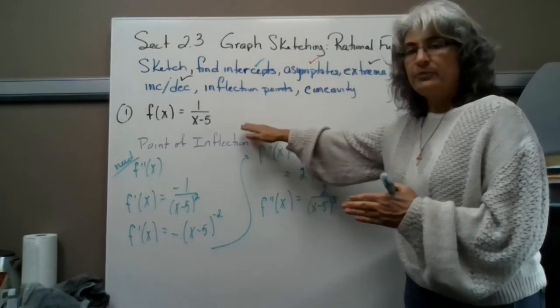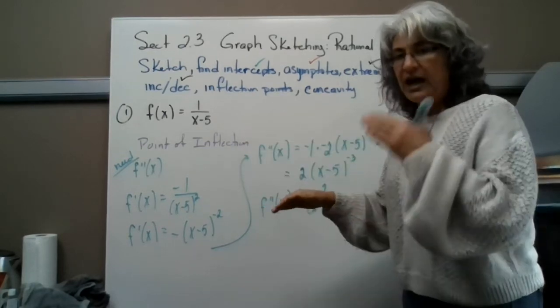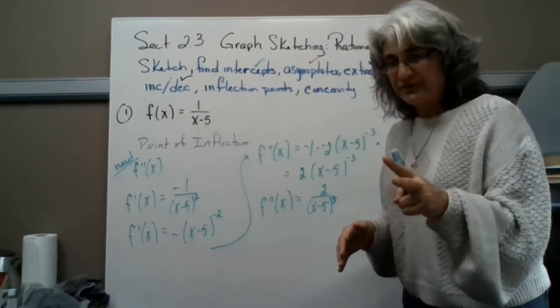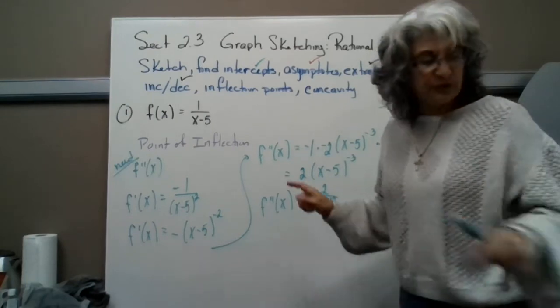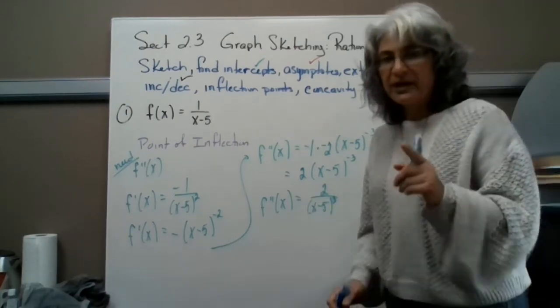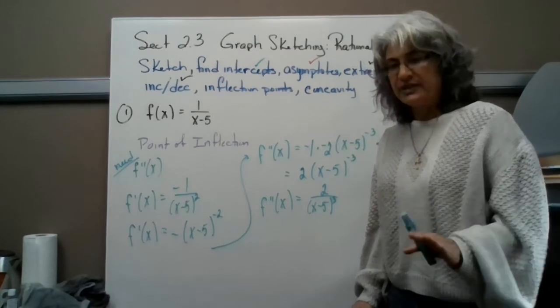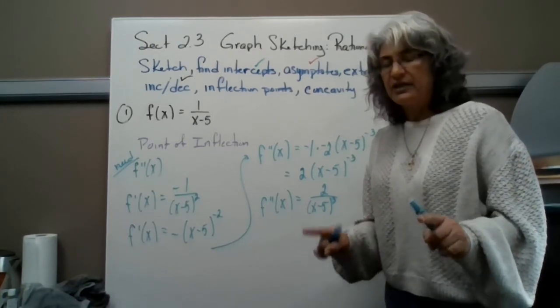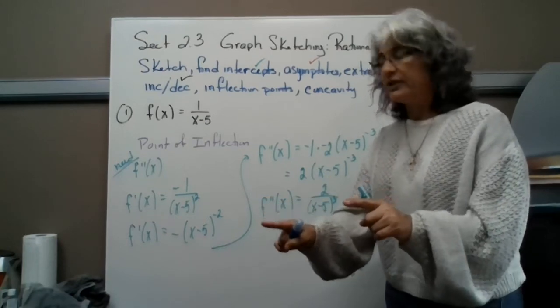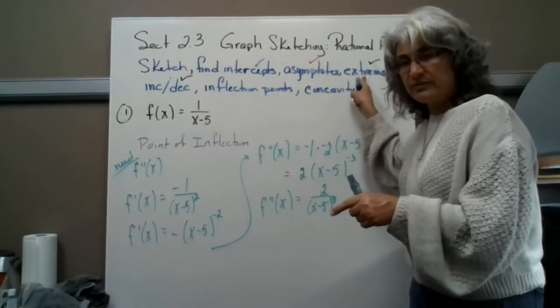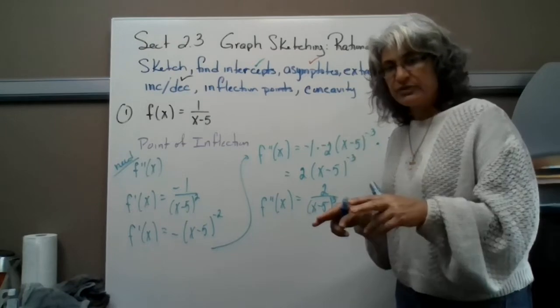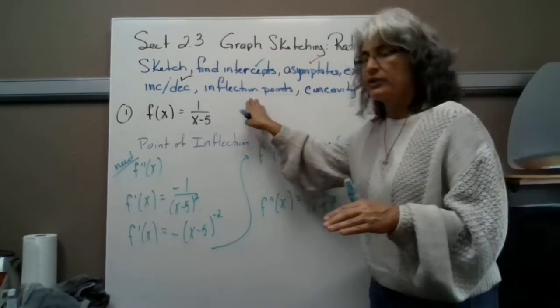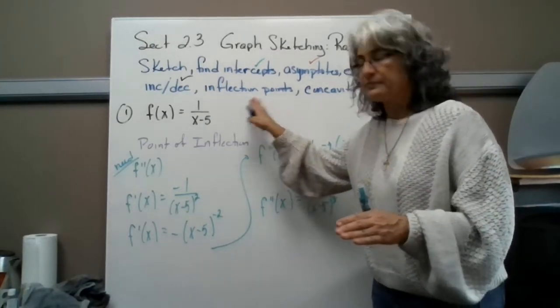When I'm trying to find the points of inflection, I take the second derivative and set it equal to 0. It just depends which derivative I'm setting equal to 0. If it's the first derivative equal to 0, it's the relative extrema. If it's the second derivative equal to 0, I'm looking for the point of inflection.